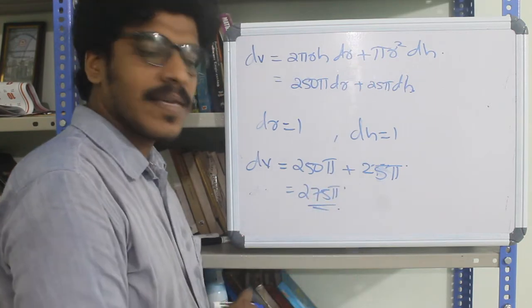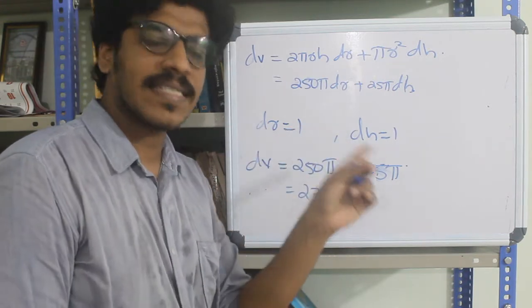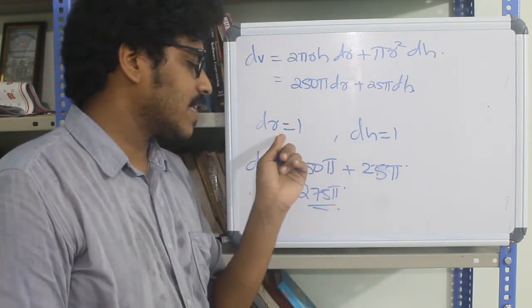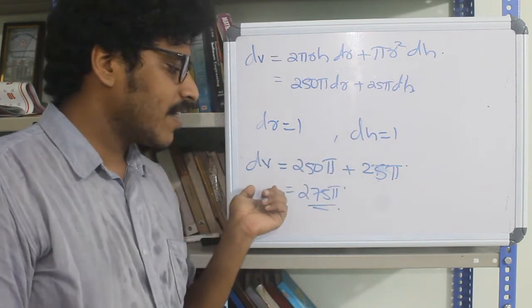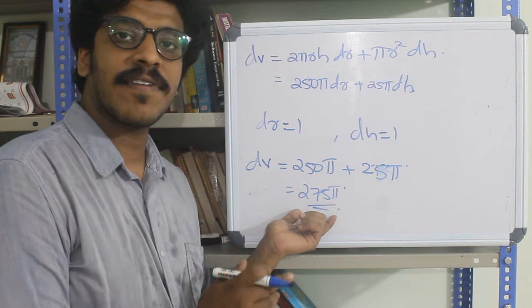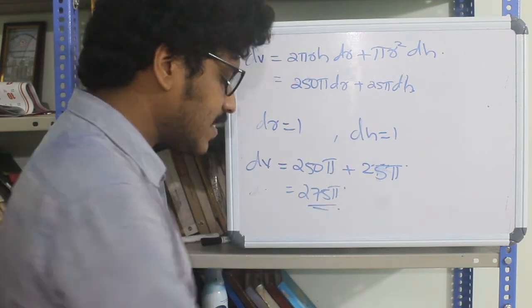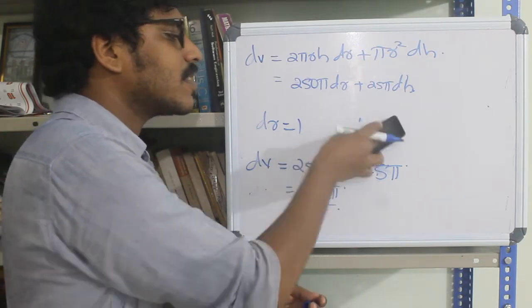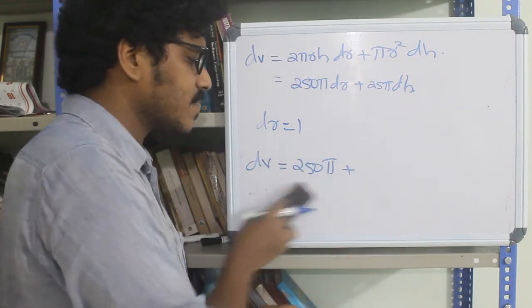This happens when we make a change of 1 unit in both radius and height. The volume will change by 275π units. What if we change only one? We don't change height here, we just change radius.